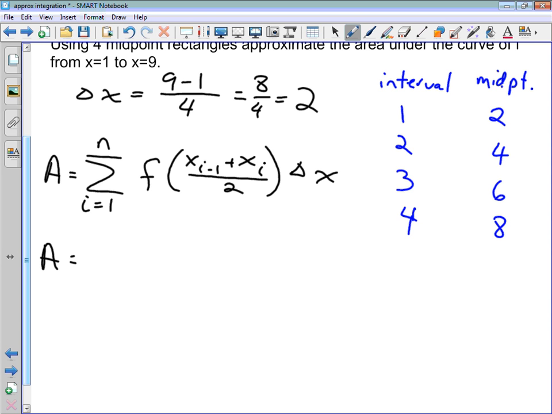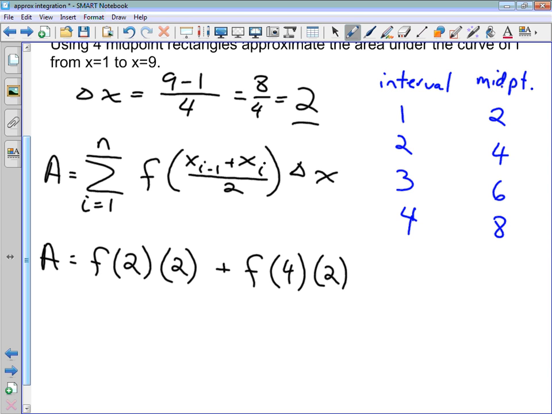So we can write out explicitly what this sum is going to be. Our first one is going to be, our midpoint is 2, so it's going to be f at 2 times 2, because that's the width of each one of our intervals. We're going to have f at 4 times 2 plus f at 6 times 2 plus f at 8 times 2.